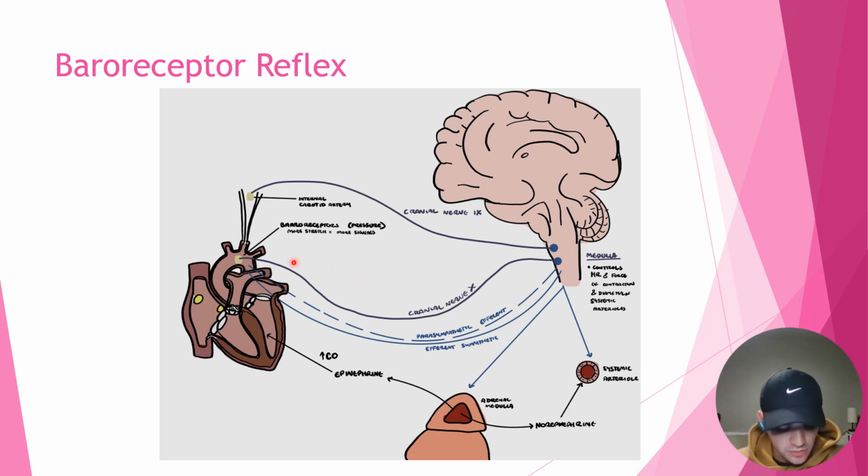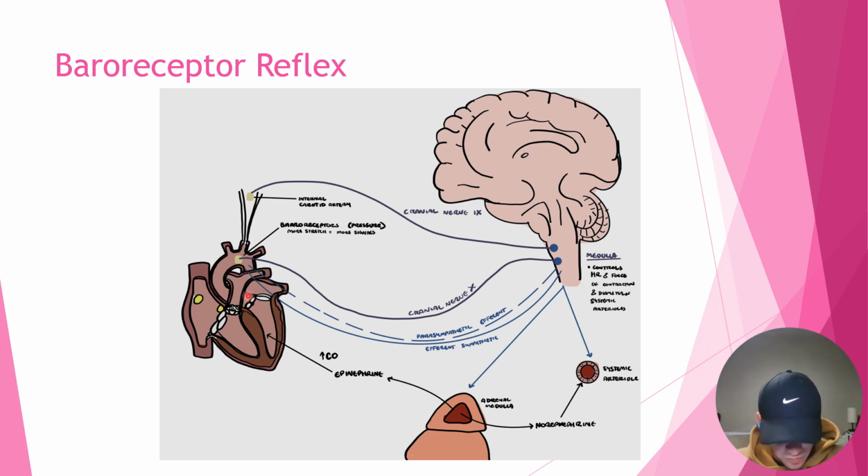So when there's more stretch, i.e. there's more pressure put on a baroreceptor, that means there's more signal. There's one in the aorta, and there's one superior to the aorta.